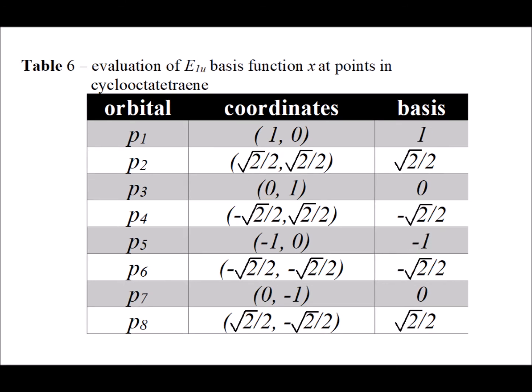Similarly, for E1U, we just use one of the basis functions, the function x, and we see that we have non-zero values, so it is included in the reducible representation.